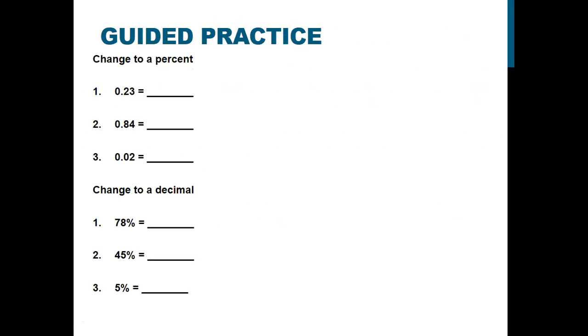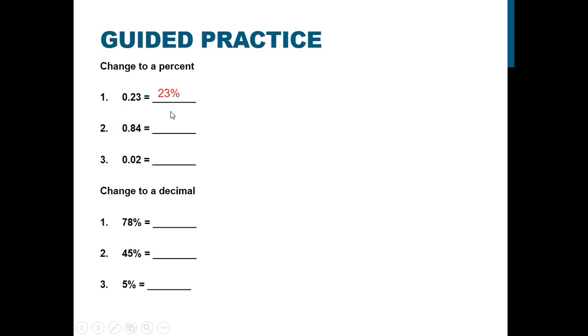And here's a little bit of guided practice. Remember, you can always pause this and rewatch it. You could pause it right now, try it, and then see if your answers are correct. The first one, 0.23, and my directions are to change to a percent. So I move it 2 places to the right. So 0.23 becomes 23%.